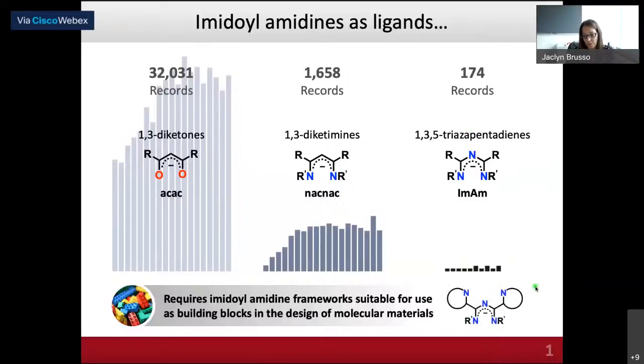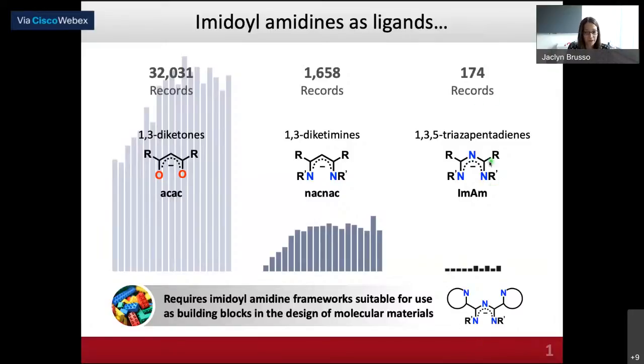In particular, what I'll focus on today, and what we've been focusing on in my group, is the use of heteroaromatic substituents attached to that framework that facilitate a terpy-like coordination environment in addition to that NACNAC binding site.